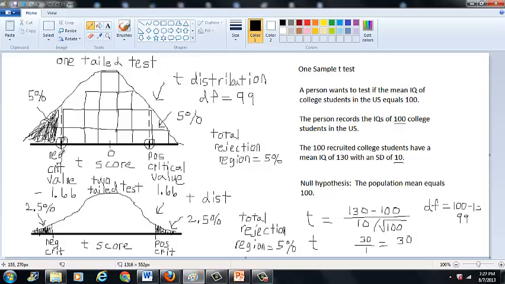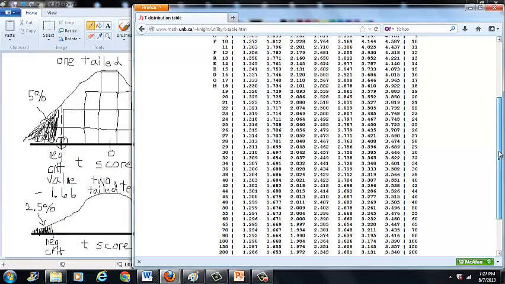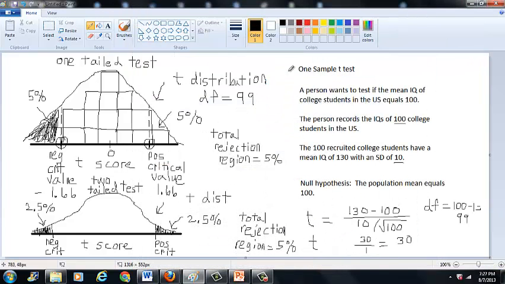So when we went to our critical value table and we went up to one-tailed and looked at 0.05 and we got our critical value, what this gave us was 1.66. And the reason it says 0.05 up here is because 1.66 is the critical value that has 5% of the curve beyond it.